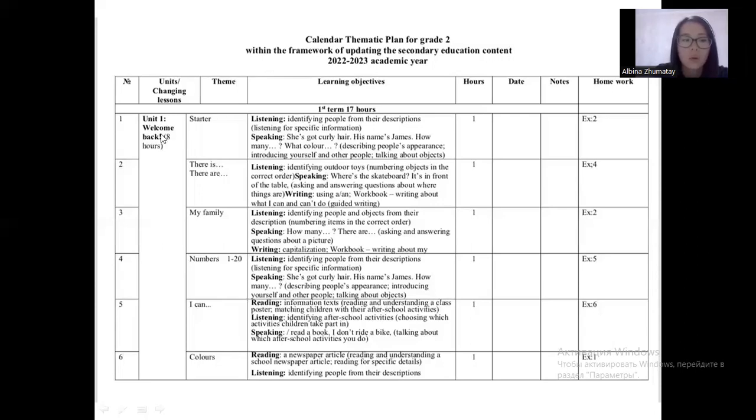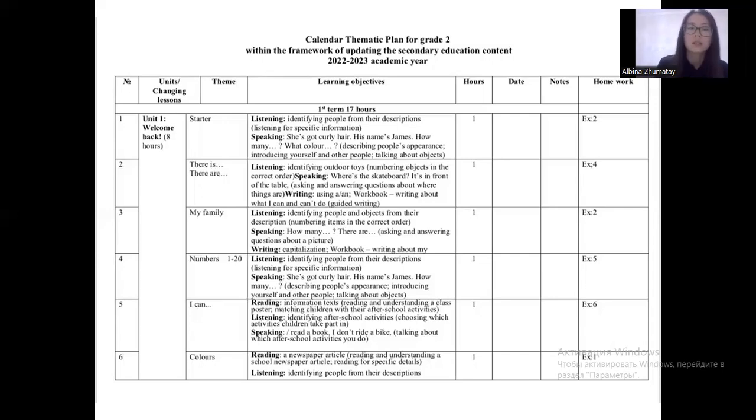There should be 8 hours, and the learning objectives are listening and speaking. For listening: identifying people from their descriptions, listening for specific information. For speaking: she's got curly hair, his name is James. Students should learn to describe people's appearance, introduce themselves and other people, and talk about objects.